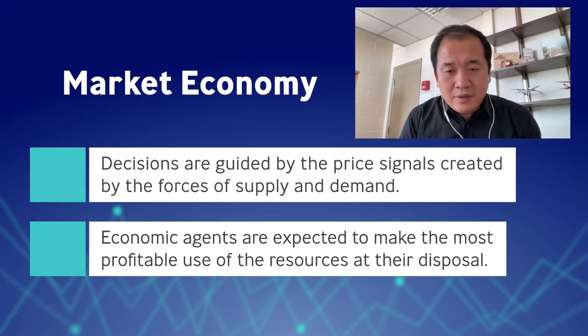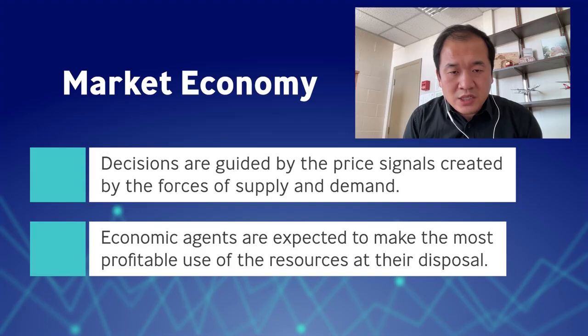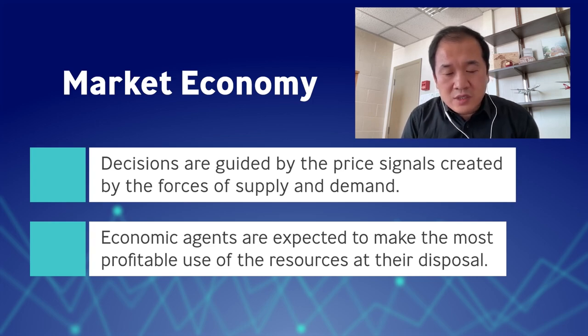If there is a mismatch between supply and demand, if a particular commodity or product is in very high demand and the current production cannot keep up, those organizations who have the capacity to produce this product will all start producing. Therefore, their decisions will help balance supply and demand.